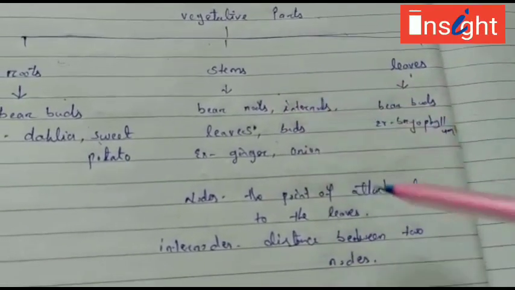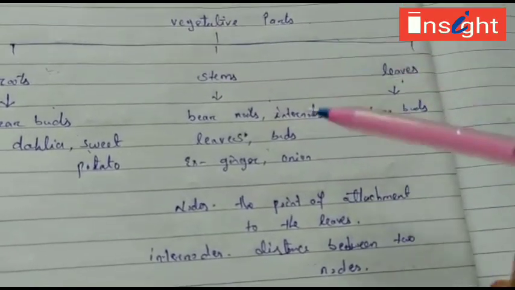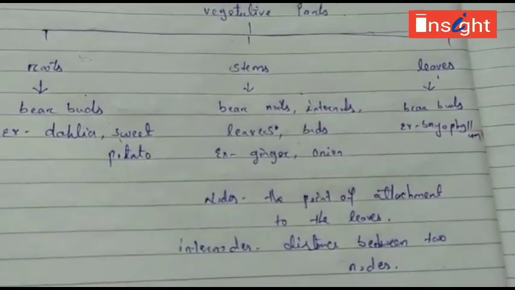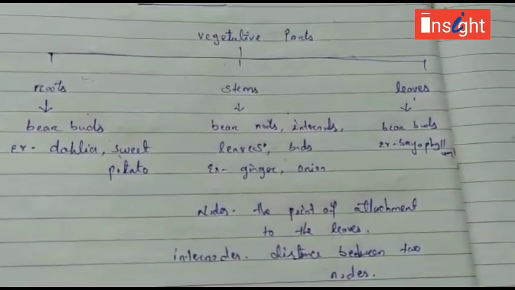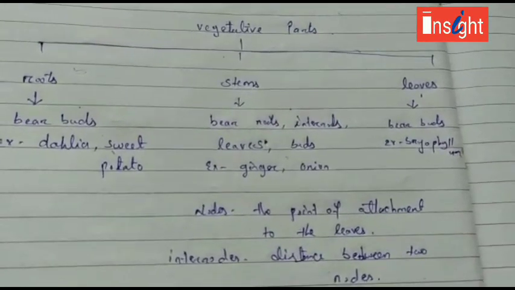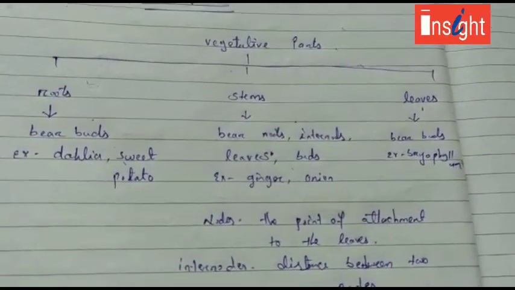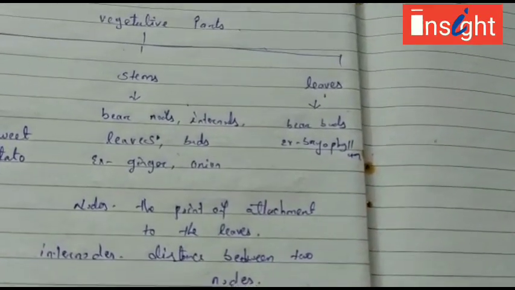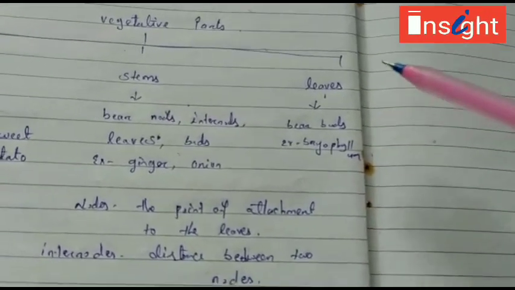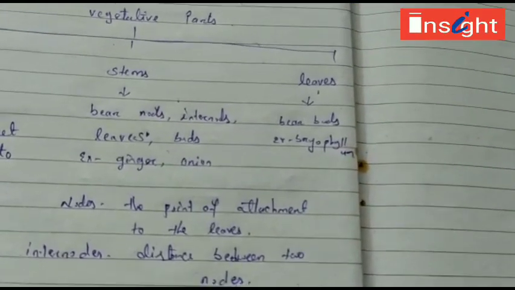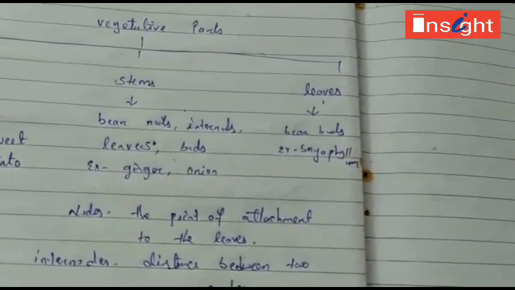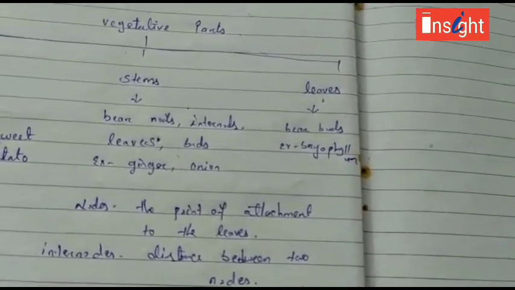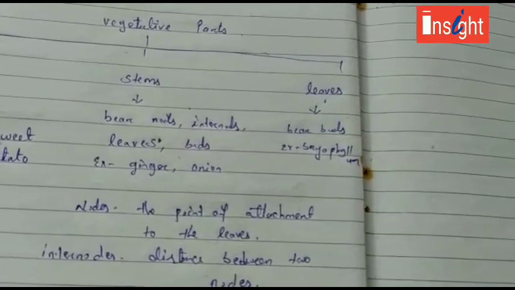Similarly, underground stems like ginger and onion bear nodes, internodes, leaves and buds, and when planted, the buds grow into new shoots. Some leaves have buds on the margin and can grow into a new plant, either after falling off the parent plant or while still attached.